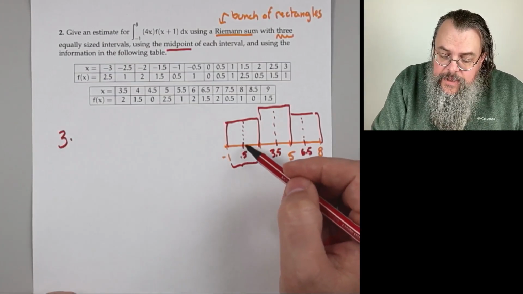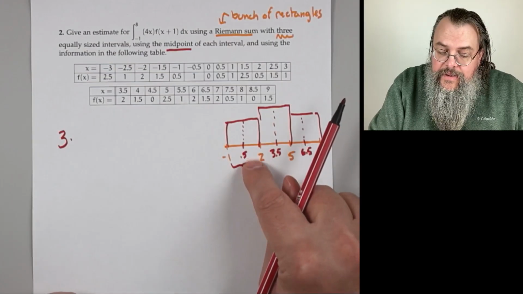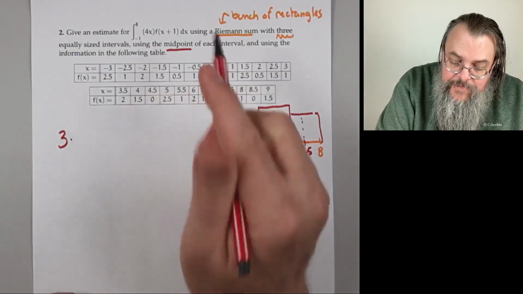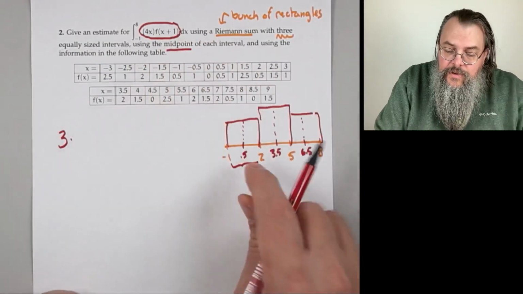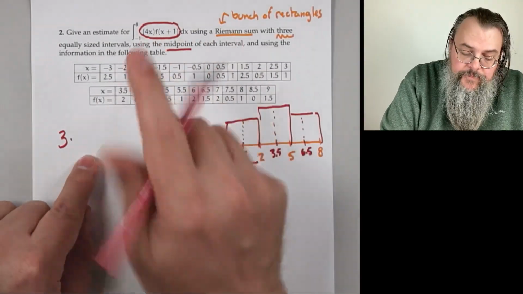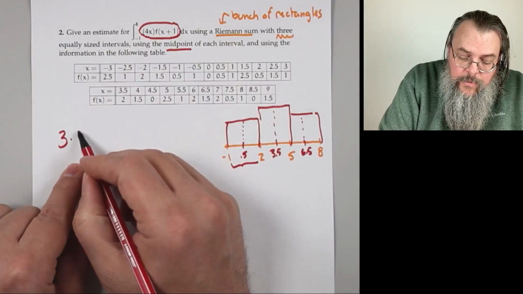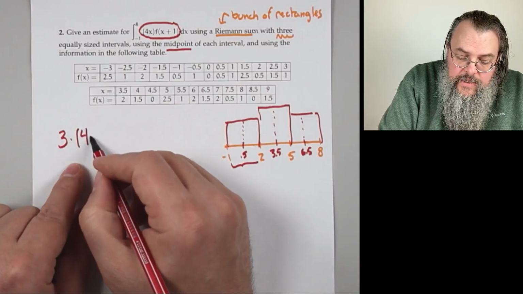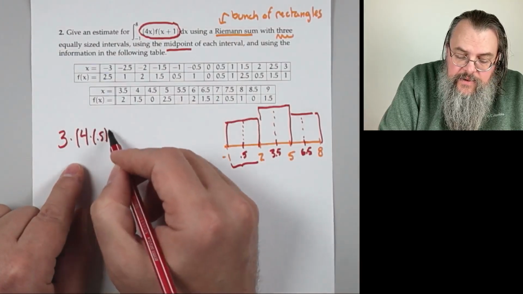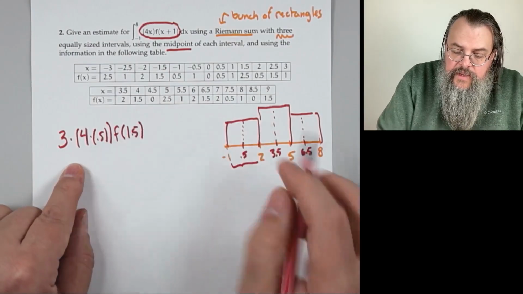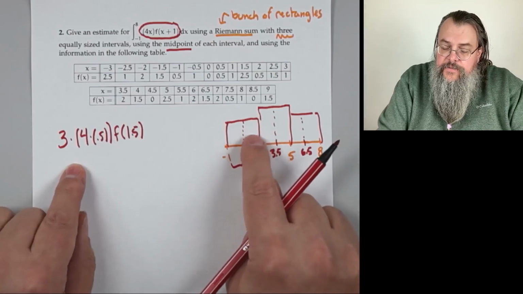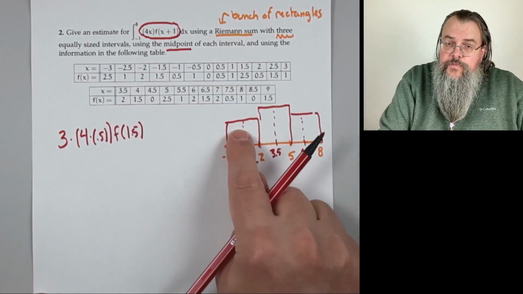Now to get the height, we're going to plug in 0.5, not into the function, but into what we're working with. So we plug it into here. So the height would be 4 times 0.5 f of 1.5. Okay, so that's the area of this first rectangle.